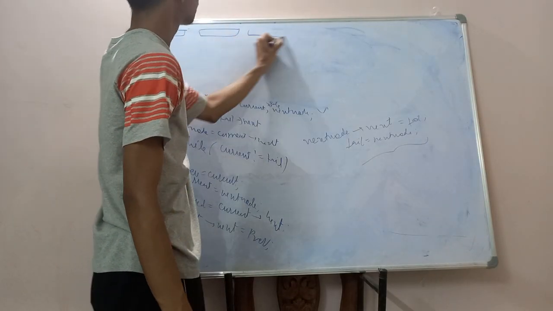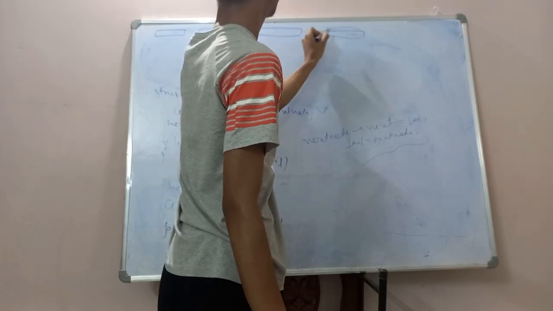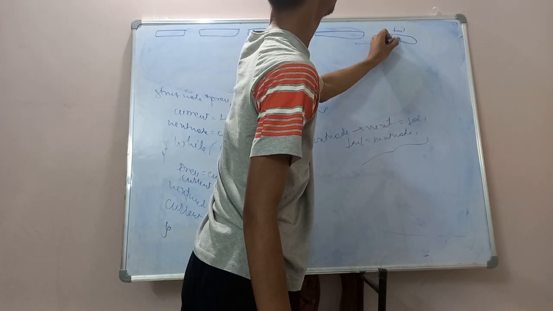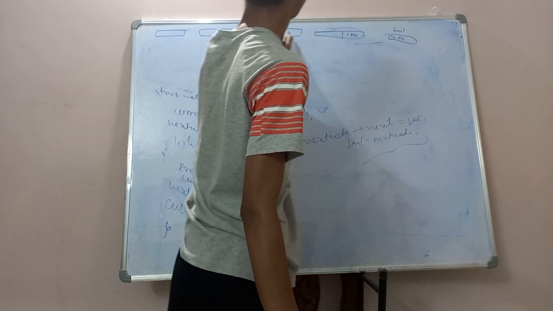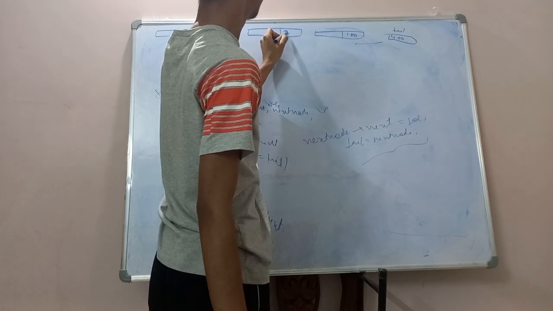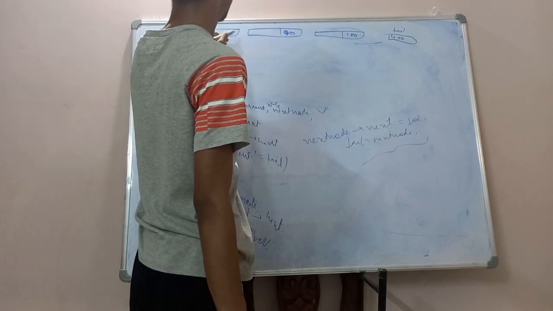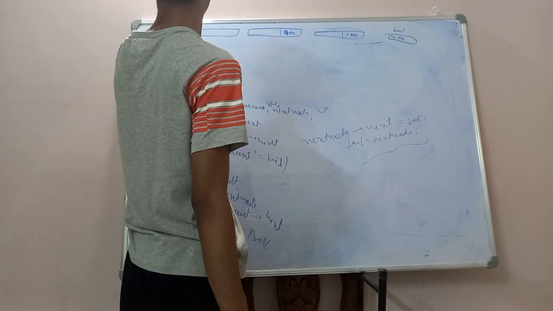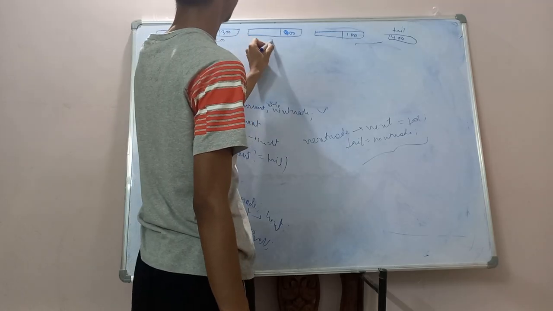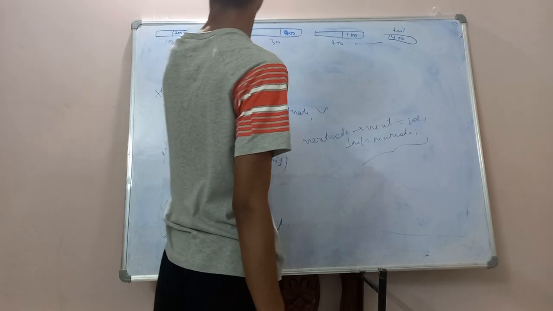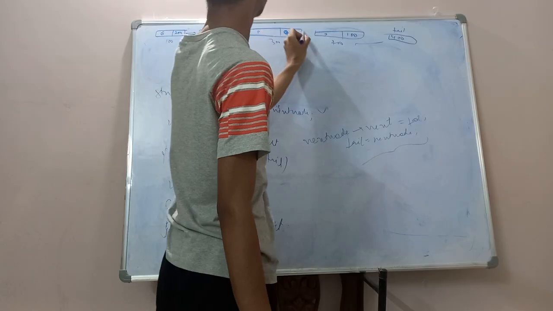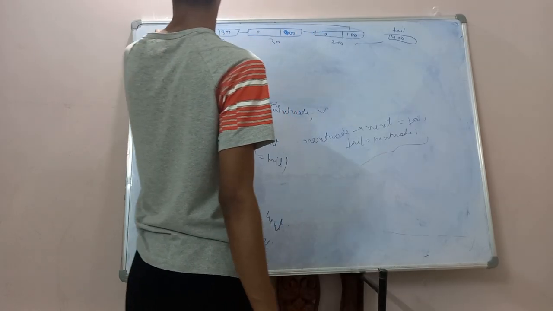These are, suppose, 4 nodes, and tail is pointing to the 4th node, 400. This is 100, this is 200, this is 300, and this is 400. And this is pointing to my first node.